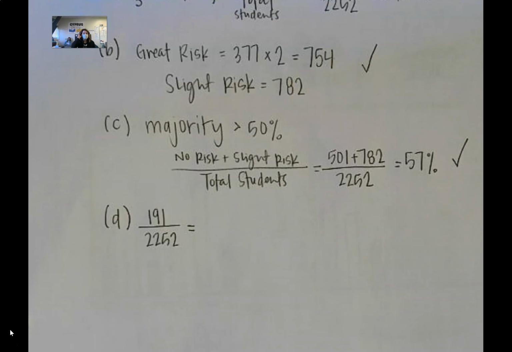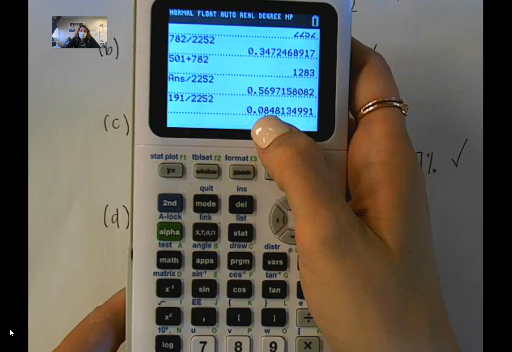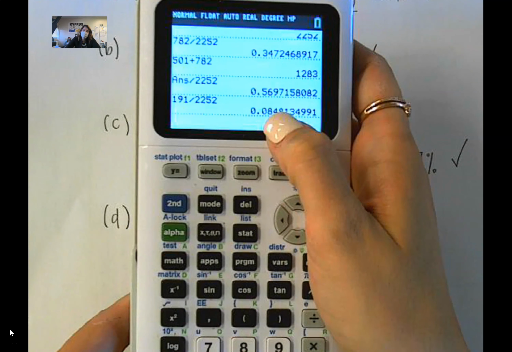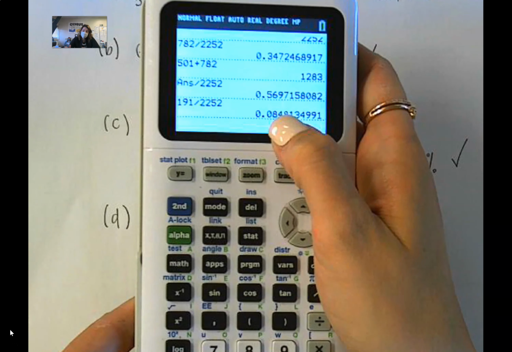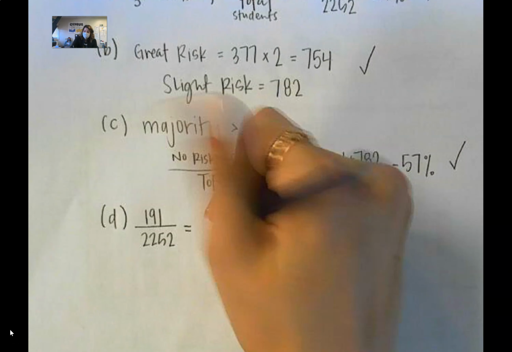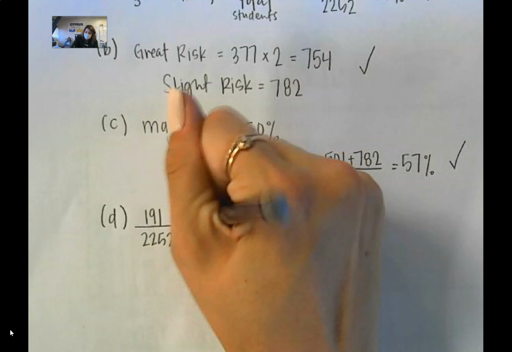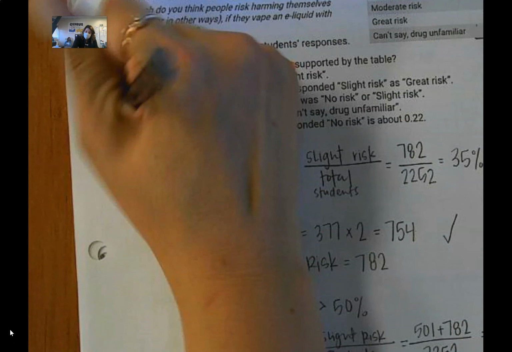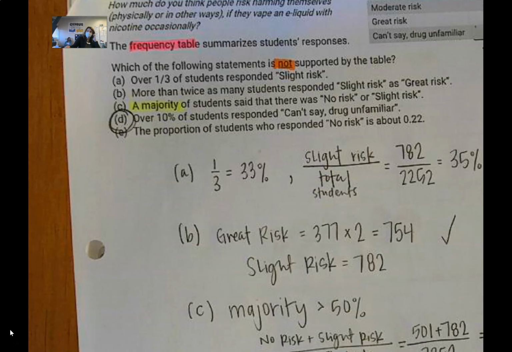Was that one more than 10%? No. So if you plug this one in, you get 0.084. So you keep that at 8%. You don't round up to 9. So this one is the one that is not true. So D is the answer.